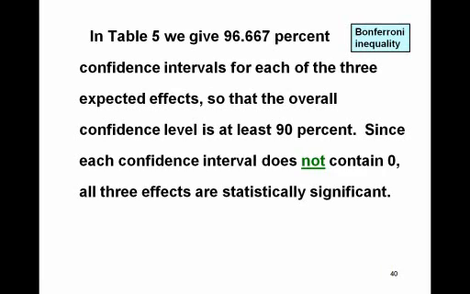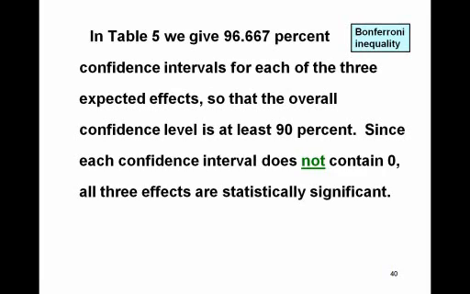If, for example, we made each of them at level 90%, the overall confidence level is not 90%. All we can really claim is that it's at least 70% that each of the three confidence intervals contains its respective expected effect.